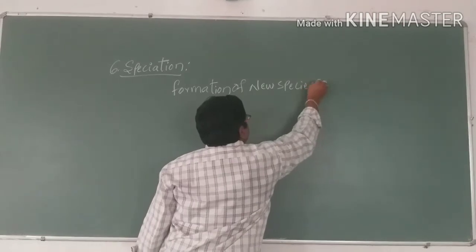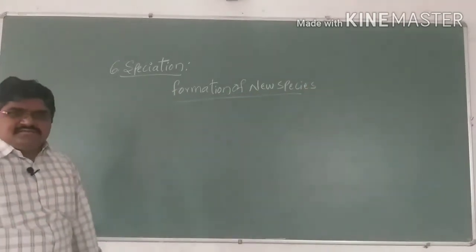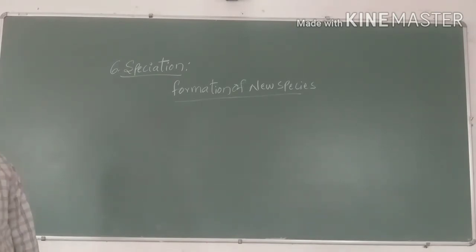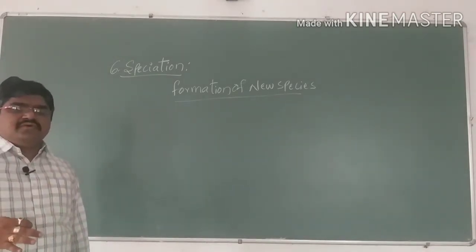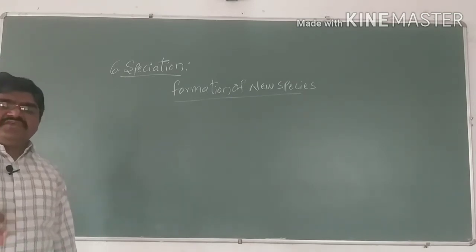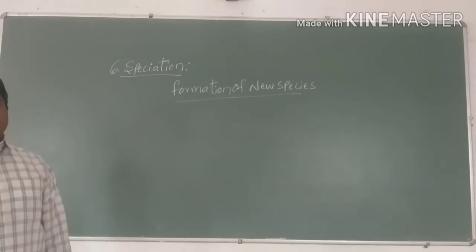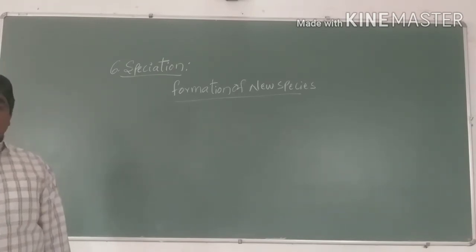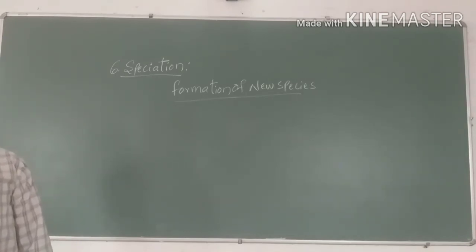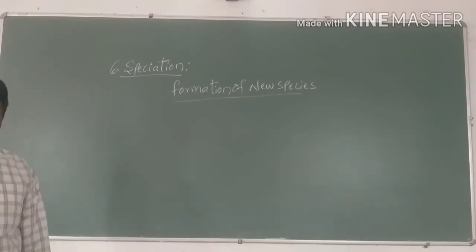The formation of a new species is called speciation. In natural selection, organisms with more adaptive characters increase from generation to generation, and this helps in producing a new type of species. The new favorable variations are transmitted from generation to generation, and new species appear.